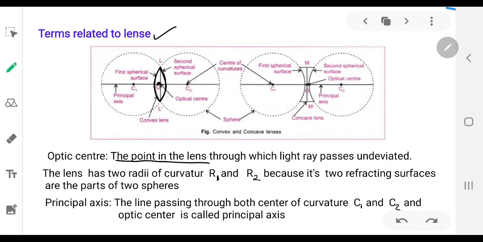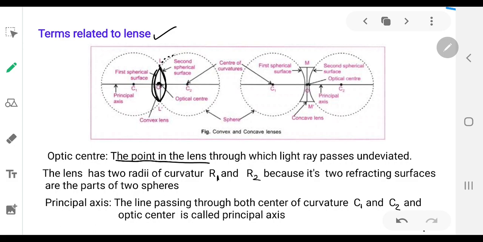Now, as the lens has two refracting surfaces, one refracting surface and a second refracting surface, if you take the curveness of those two refracting surfaces, you can complete two spheres. Let us take the curveness of this surface.